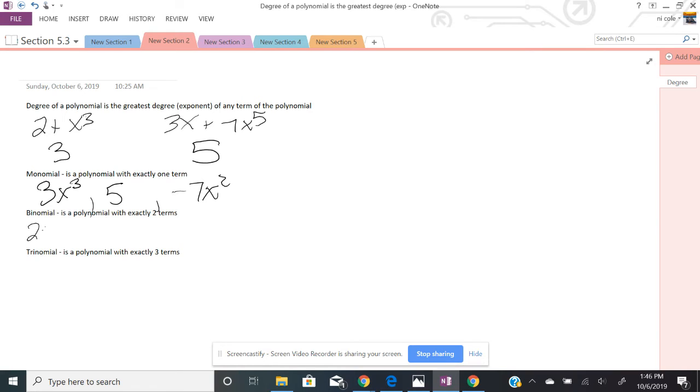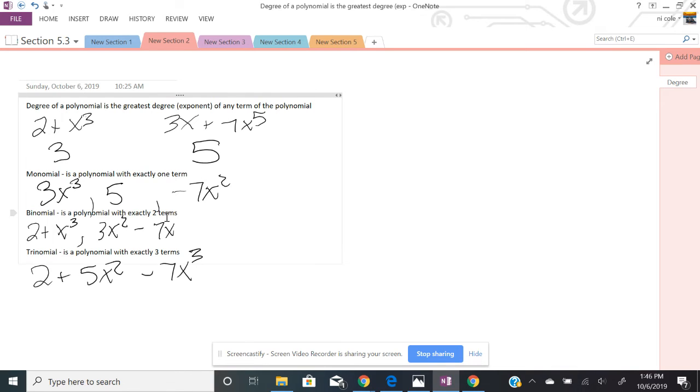So that example, 2 plus x cubed, that's a binomial. 3x squared minus 7x, that's another binomial. They have to have exactly 2 terms. And a trinomial would be like 2 plus 5x squared minus 7x cubed. That's a trinomial. It has 3 unique terms.